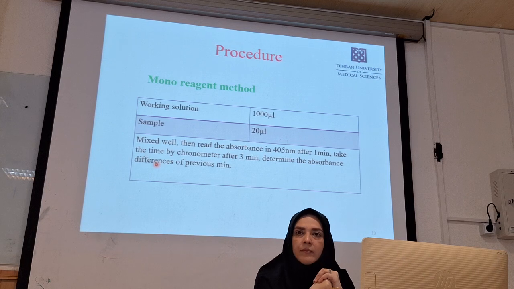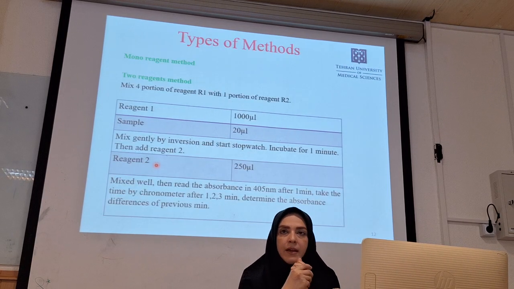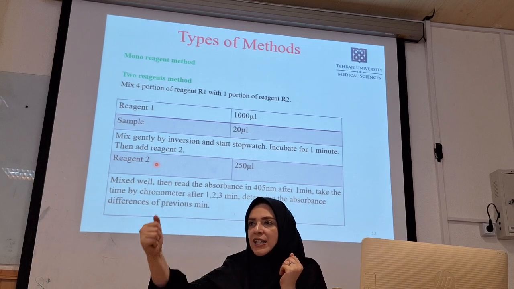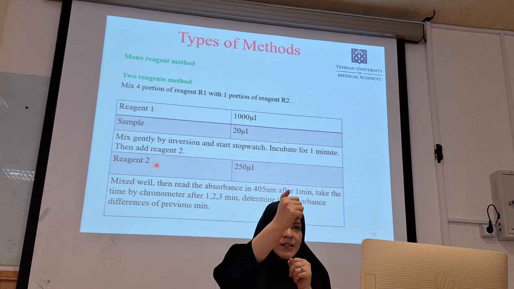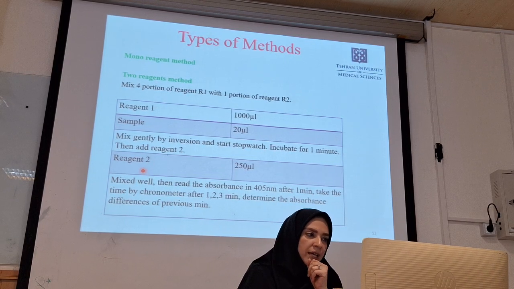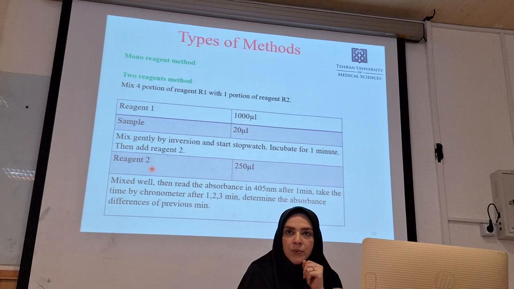What does working solution mean? Working solution is here. For the 2 reagents, at first, you should take from reagent 1 and 4 times from, for example, reagent number 2, okay? 1000 microliter reagent 1, 250 microliter from reagent 2.